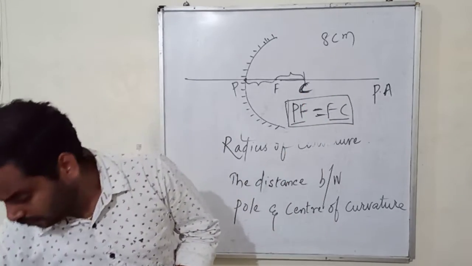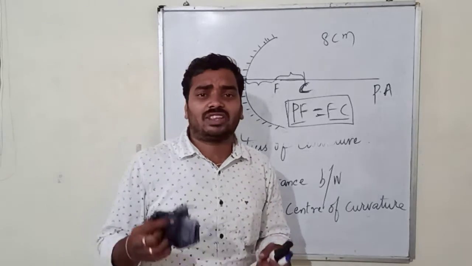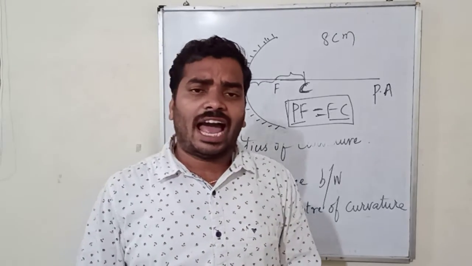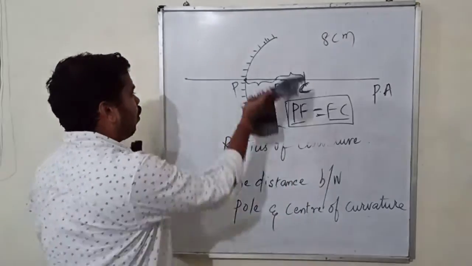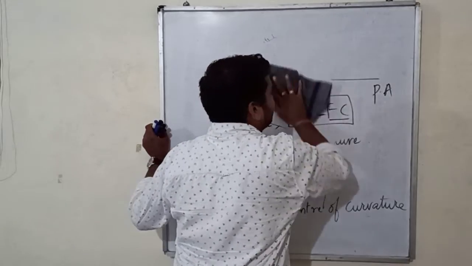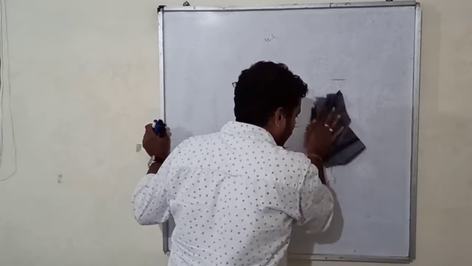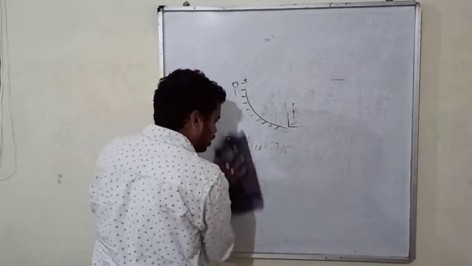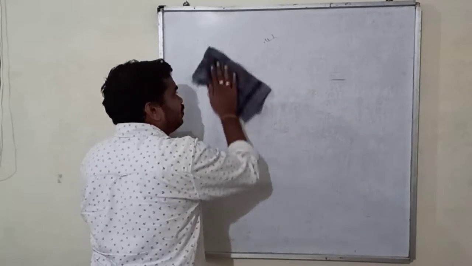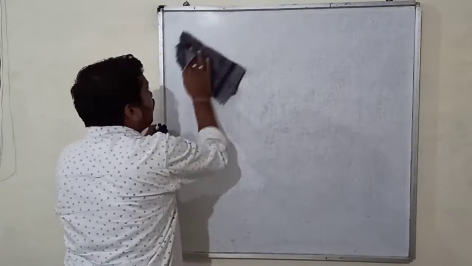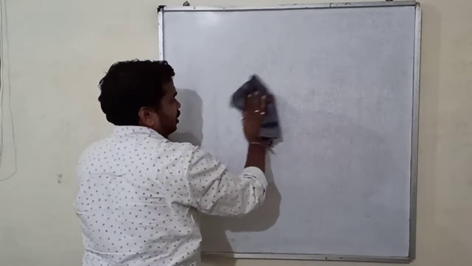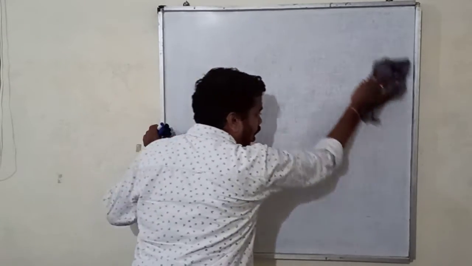Let us see now the actual methodology of the activity. What do we perform in this activity? I already told you, placing the object at various positions, we will observe the image, how the image is formed.